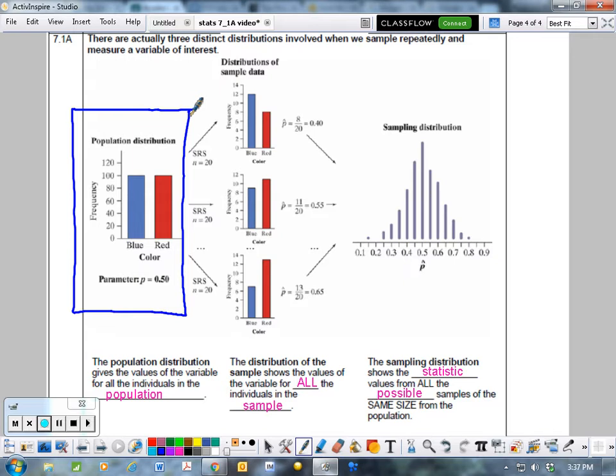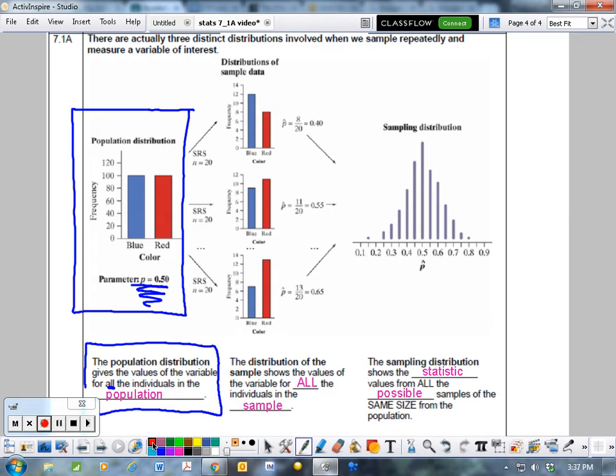Blue and red. Every single blue and red car, what's the proportion? What's my frequency? So our parameter here, p equals 0.5. So half blue, half red. And so this is our population distribution. This gives the values of the variable for all the individuals in the population.